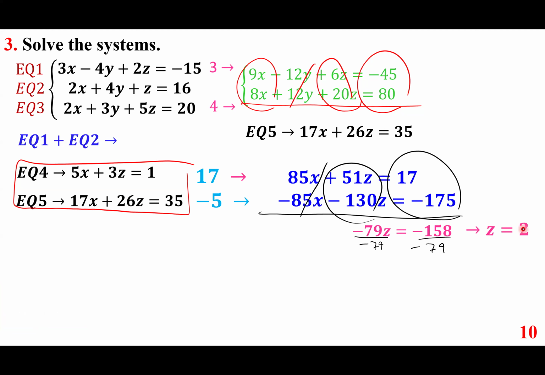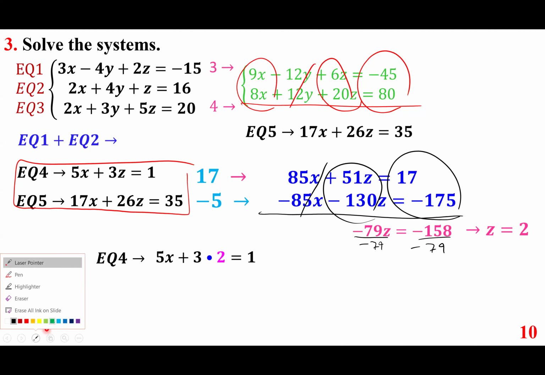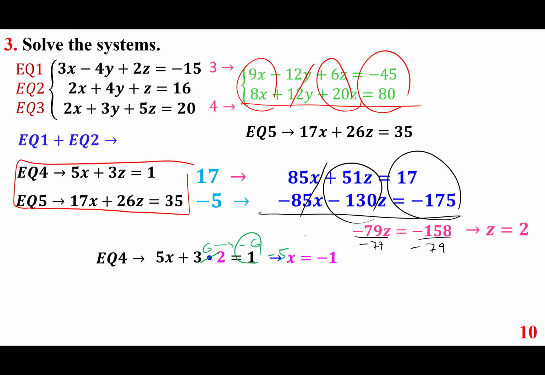Now, if you find one of the variables, then you go to 2 variables, not 3, because we can solve it. You go back to either equation 4 or 5. For example, equation 4, 5x plus 3 times z, which means 3 times 2, is 1. And you divide by 5, x becomes negative 1. Now you put it back into one of the original equations.